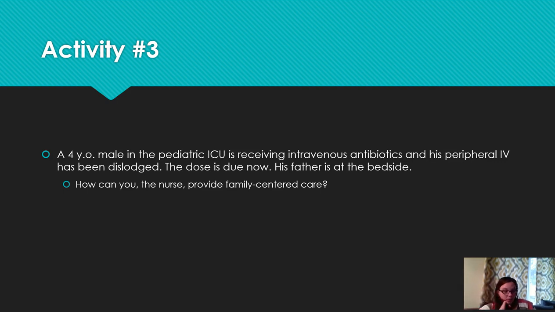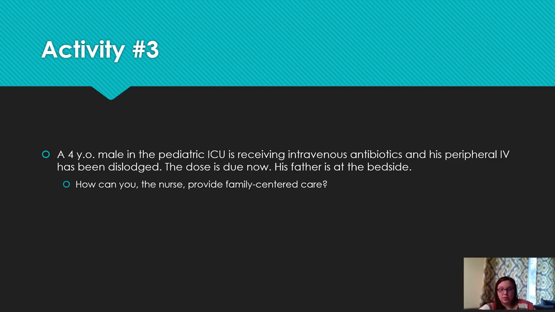Because not only is it helpful for the family or the father in this scenario, but it's going to be a much more comfortable and less traumatic experience for a 4-year-old to be held by Dad in a big hug with his arms over Dad's shoulders getting an IV put in versus a nurse who may be less familiar holding his arm or holding him in a big bear hug type of scenario to kind of keep him restrained in a safe way.